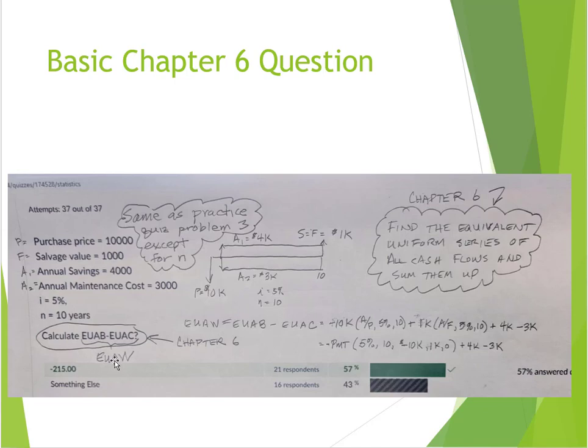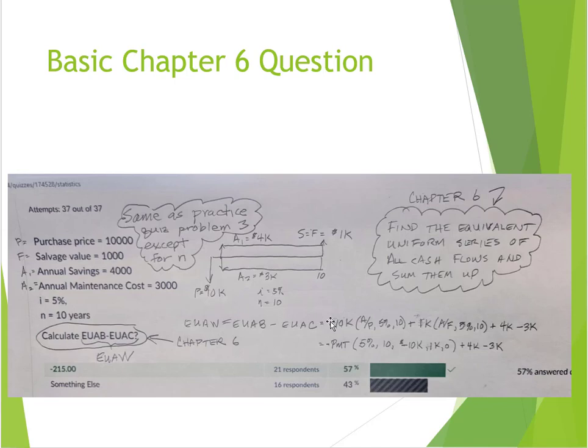This is chapter 6, annual worth. Calculate the equivalent uniform annual worth. Convert everything to uniform series, of which 2 of them already are uniform series, annual savings and maintenance, and calculate the net, and you get an answer of minus 215.